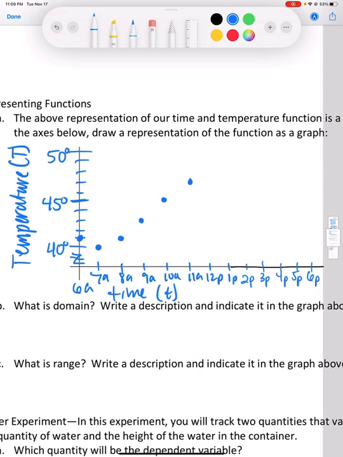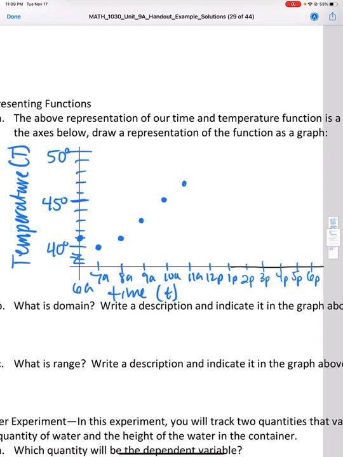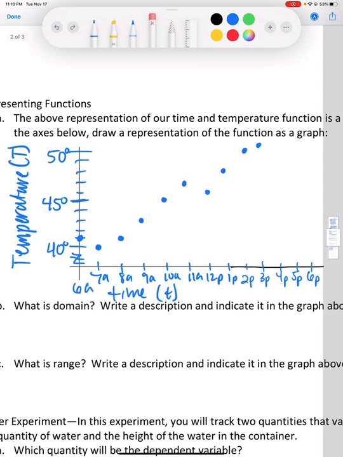Right about here. 12 p.m. is 46 degrees, so it went down a little bit. 1 p.m. is up to 48 degrees. 2 p.m. is at 50. 3 p.m. is at 51. 4 p.m. is at 50. 5 p.m. is at 49. 6 p.m. is at 46. The big drop there.